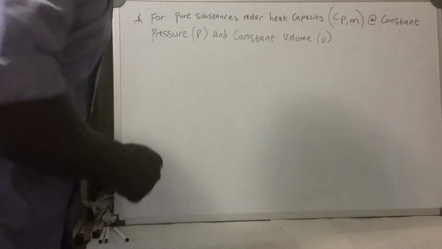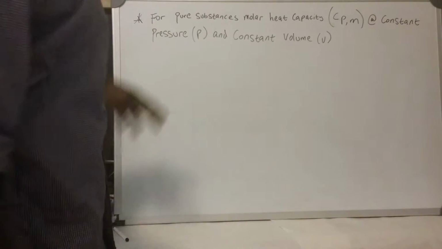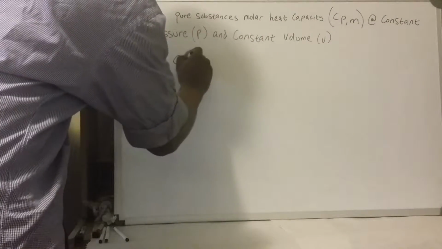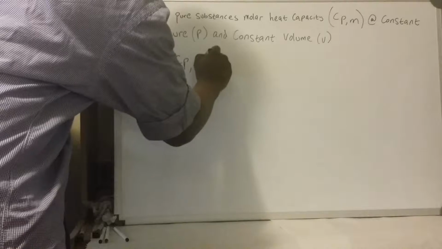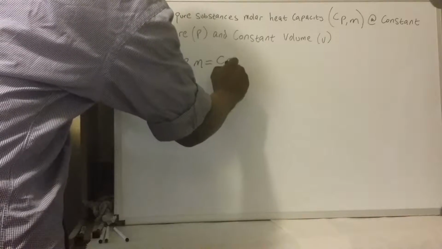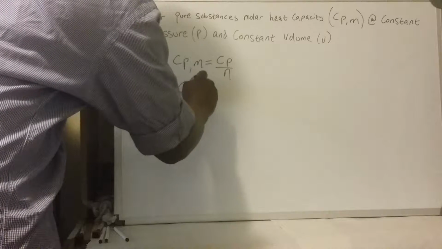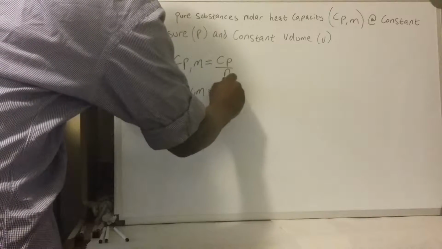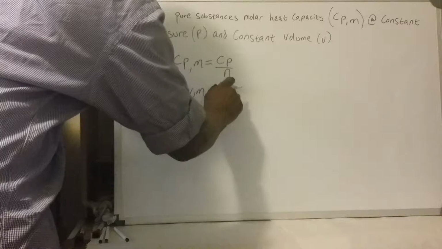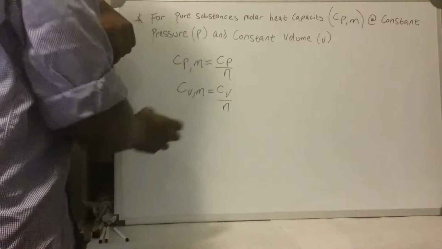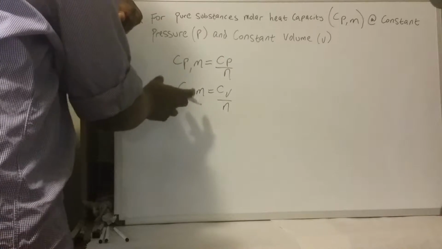So for pure substances, molar heat capacity CPM at constant pressure and CVM at constant volume. So you have CPM equal to Cp over mole, right? And CVM equal to Cv over mole. Now this only applies for a perfect gas.